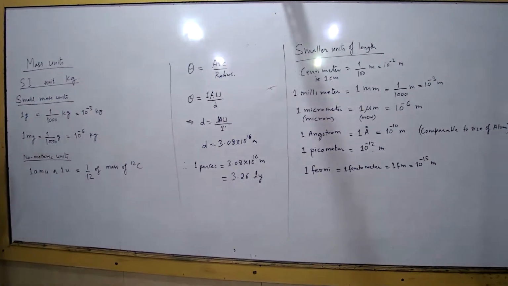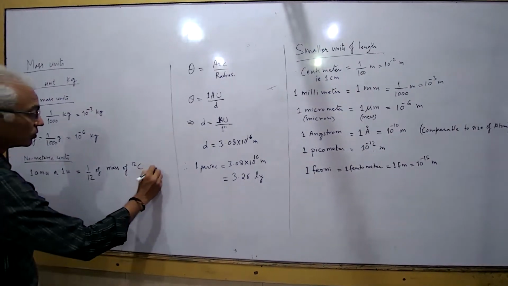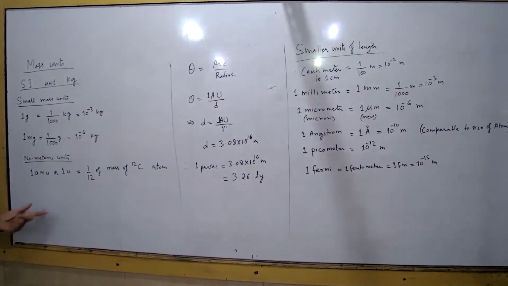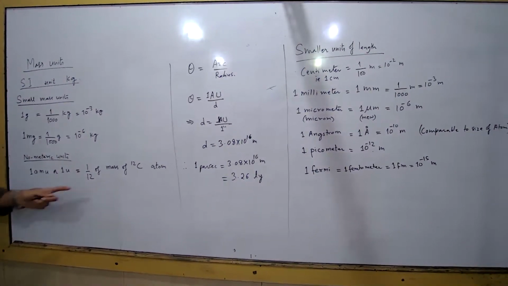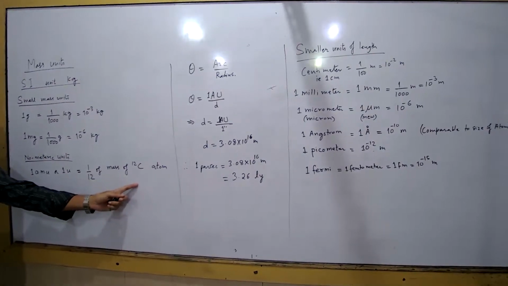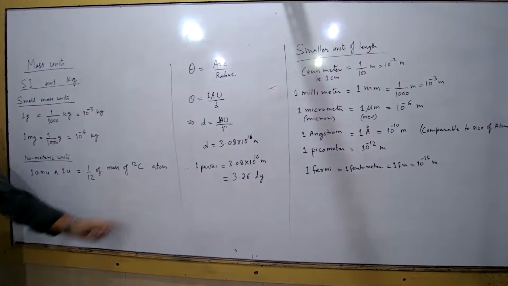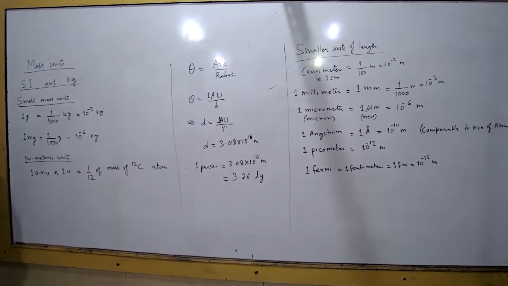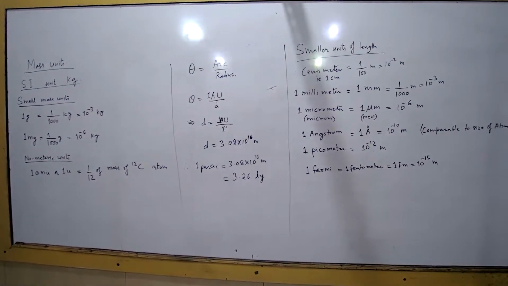So what is 1/12 of the mass of a C12 atom? Now you have to apply the mole concept. Do you remember the mole concept? I told you, 1 mole of any substance is its atomic weight.